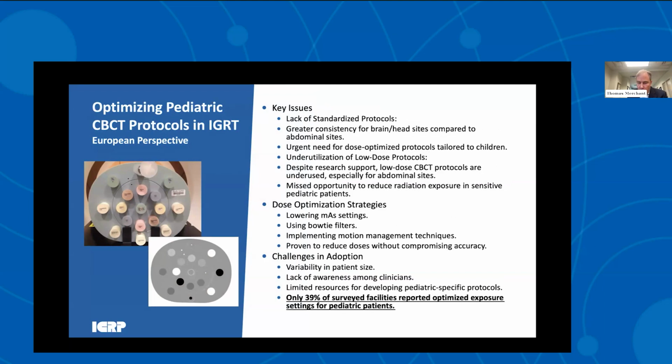And although low-dose cone beam CT protocols are feasible and well supported by research, they remain underutilized in clinical practice. This is a missed opportunity for reducing radiation exposure to pediatric patients who are more sensitive to the effects of imaging doses. And notably, only 39% of surveyed facilities reported optimized exposure settings for pediatric patients.